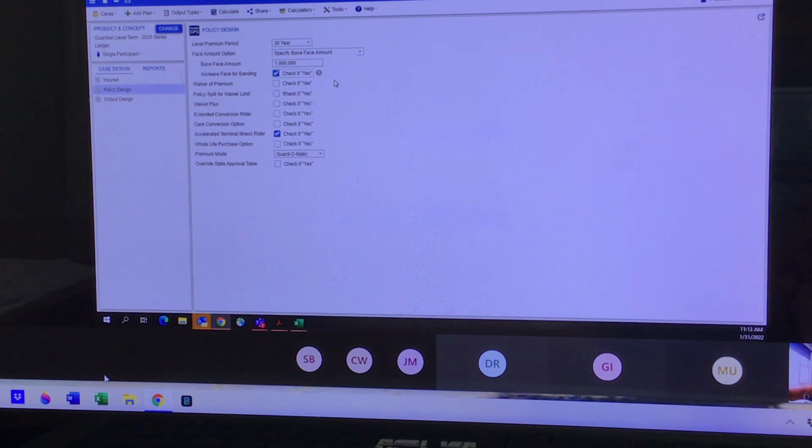So if I have increased for banding and I put $995,000 in there, it will let me know that based on the premium being paid, if we increase the face amount to $1,025,000, you'll actually be paying the same amount that you would have for that $995K, and you just get that additional $30,000 of death benefit. So we always want that checked here.